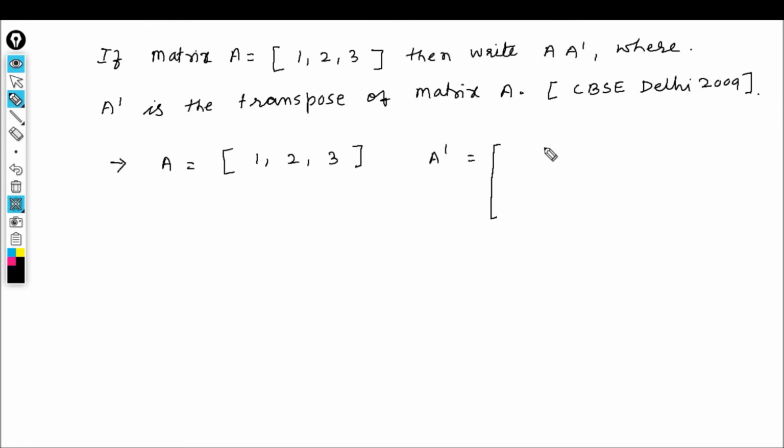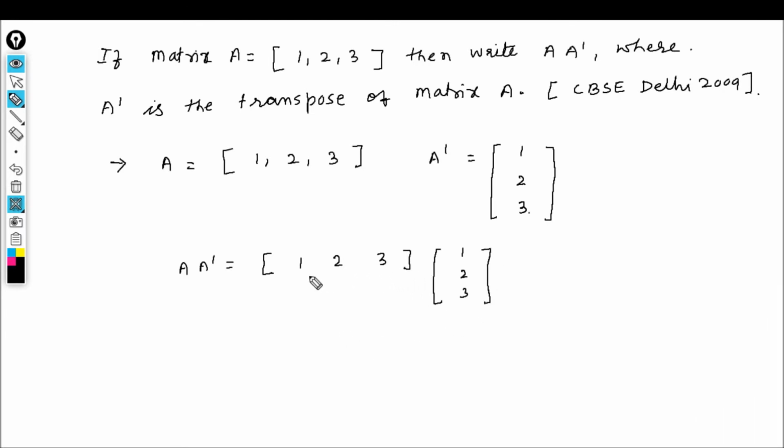The matrix obtained by changing rows to column. ये जो रो है इसको कॉलम बनाना है, 1, 2 और 3. ए डैश मल्टीप्लिकेशन करना है, 1, 2, 3 into 1, 2, 3.